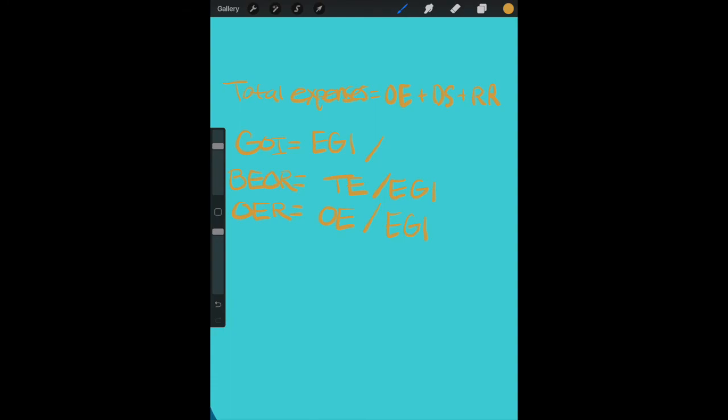And then the top one is going to be your EGI divided by other income, which it looks like I did not fill in right here. Just put in a little OI there. Sorry that I forgot to do that. I'm recording the audio afterwards.